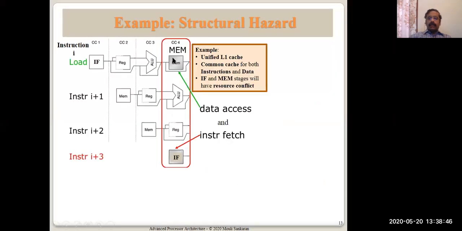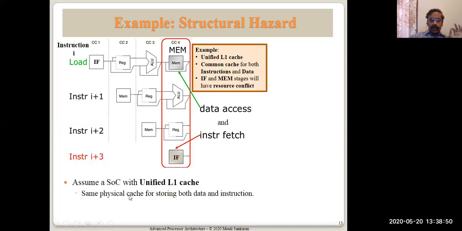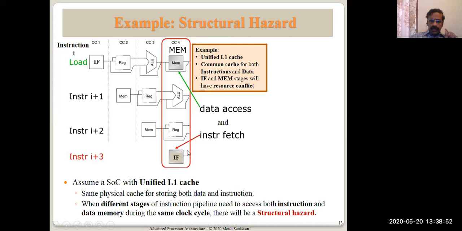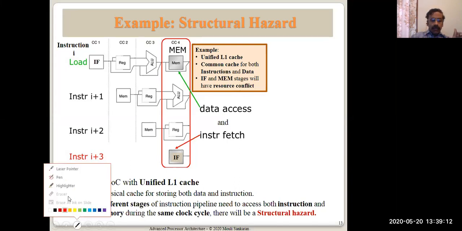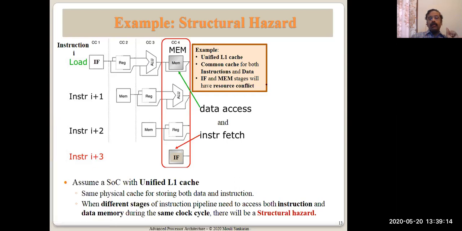Okay, guys. So this I have explained in detail, so let me go quickly. When different stages of instruction in the pipeline need to access both instruction memory and data memory during the same clock cycle, there will be a structural hazard. It will be a structural hazard only if there is a common unified L1 cache.